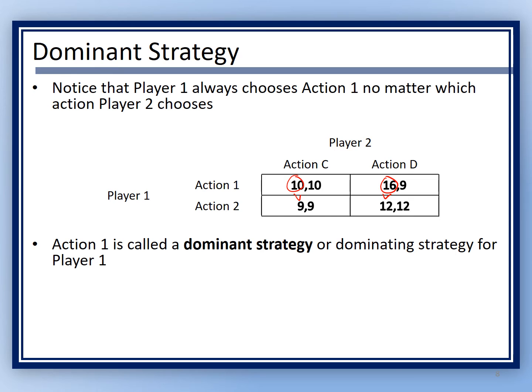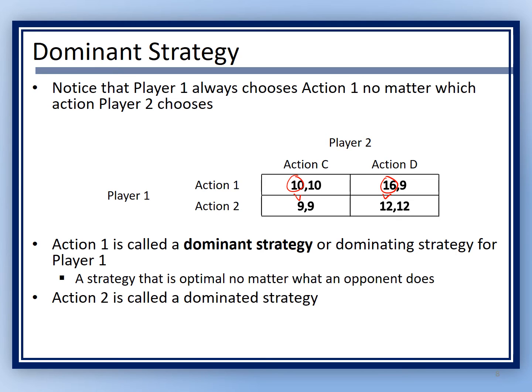You choosing action 1 is called a dominant strategy or dominating strategy. So it's an action that is optimal no matter what an opponent does. Right? So it's always better. It's always better.